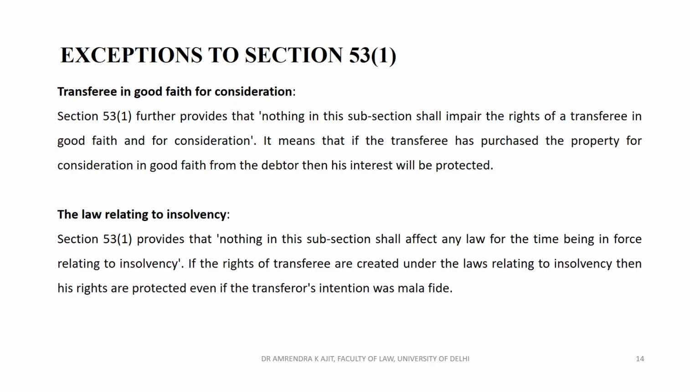Section 53(1) further provides that nothing in this subsection shall impair the right of a transferee in good faith and for consideration. It means that if the transferee has purchased the property for consideration in good faith from the debtor, then his interest will be protected. Then the creditor will have no right in that property.